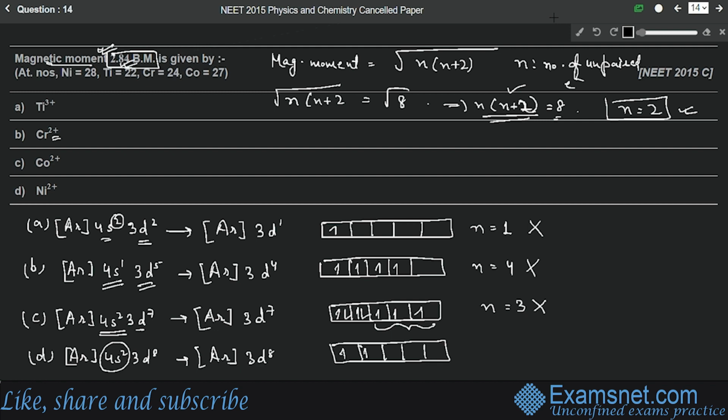So 1, 2, 3, 4, 5, then pairing will start, 6, 7, 8. So how many are left unpaired? 2 electrons are unpaired. So the number of unpaired electrons in this case is 2. This is what we were looking for. So this is the correct answer, option D. That means the nickel 2 plus ion will have the magnetic moment 2.84 Bohr magneton.